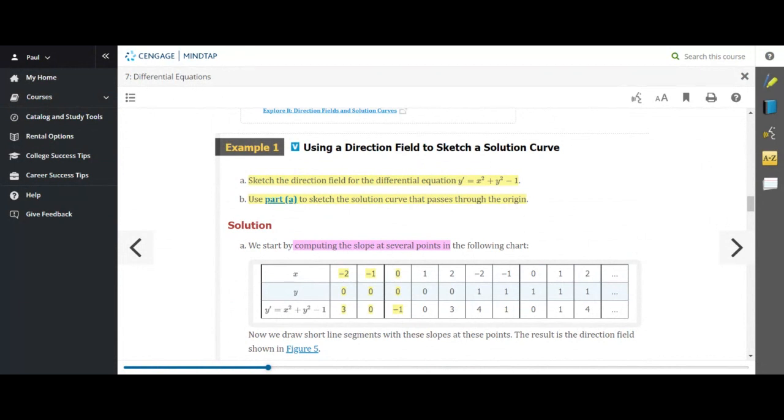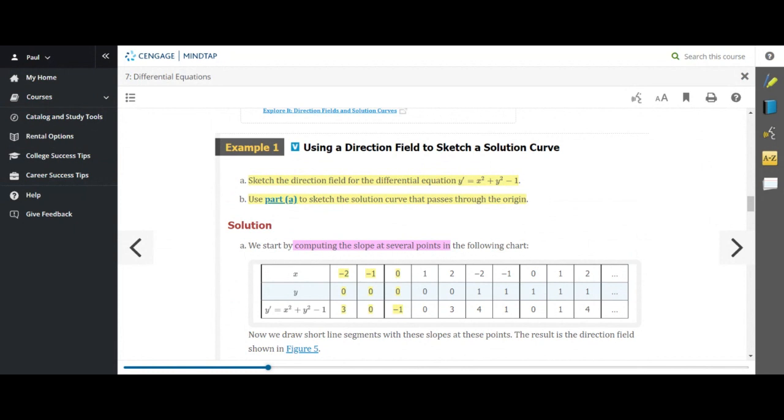This differential equation is not as easy as the ones we saw in the matching. So what they have to do is pick some different x, y coordinates, and compute the value of the derivative at each point. And then they draw tangent lines that reflect those y prime slopes.